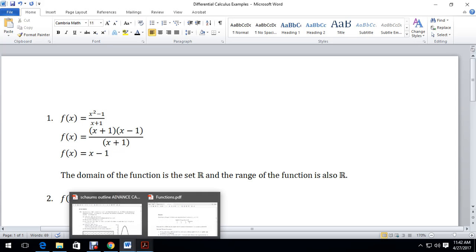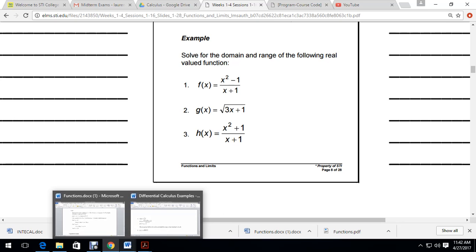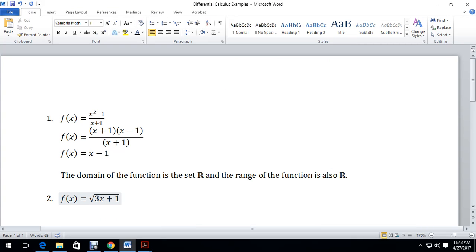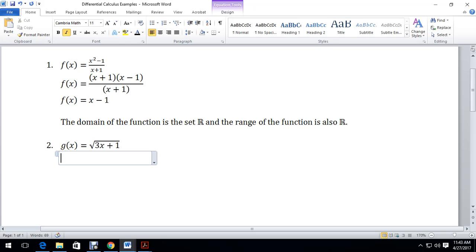Okay, so let's have the second example. We have g of x is equal to square root of 3x plus 1. Now, notice that we're going to experiment on the values that we can assign for x.